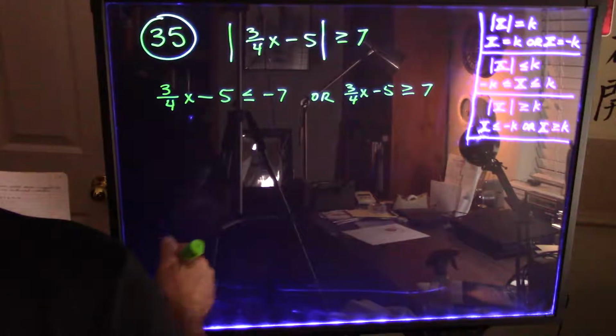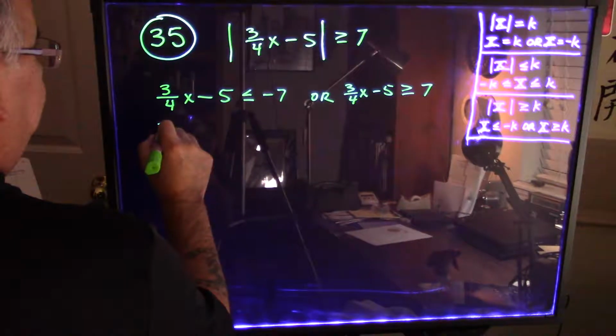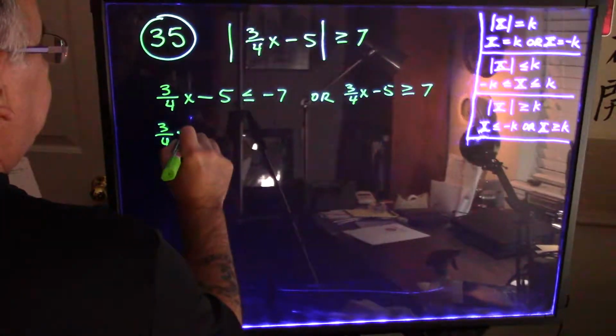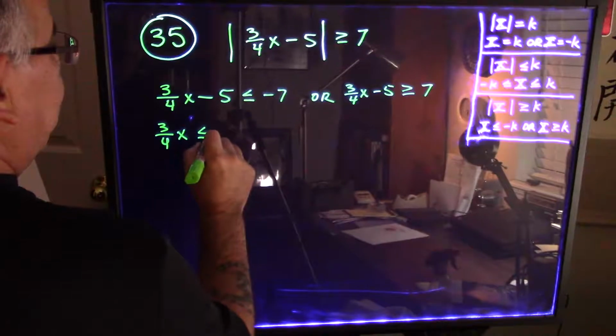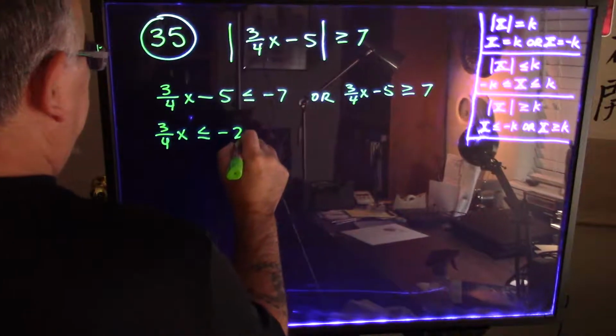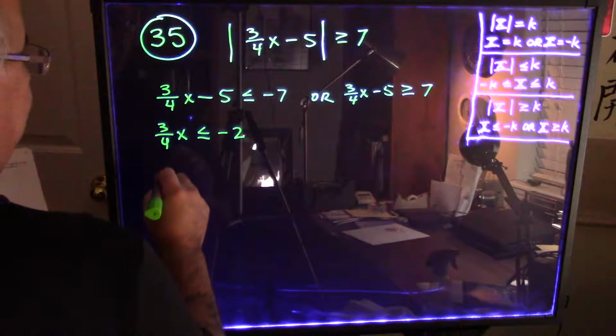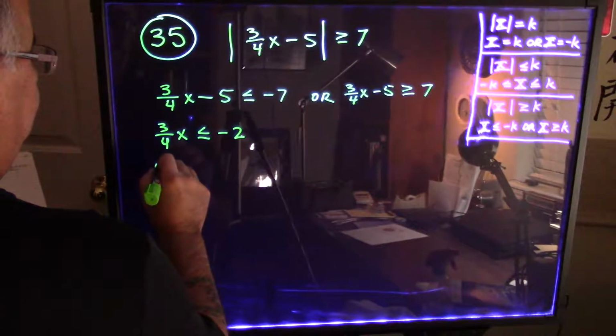Alright, so add 5 to both sides on this one. 3/4 x is less than or equal to negative 2. And then to clear that fraction out of there, multiply both sides by the reciprocal of 3/4, which is 4/3.